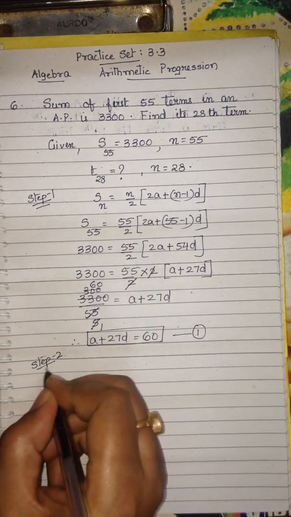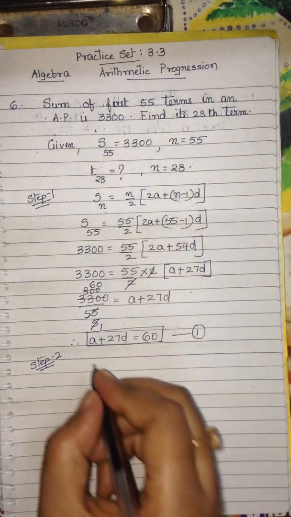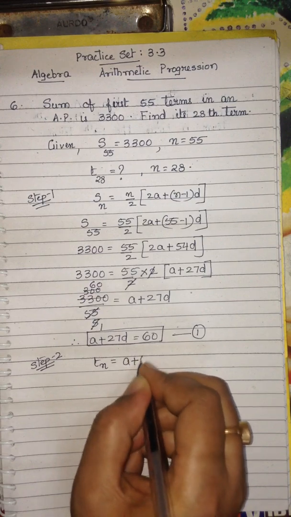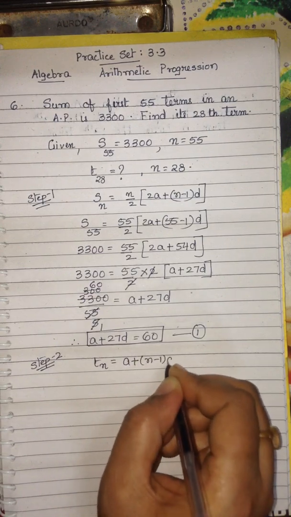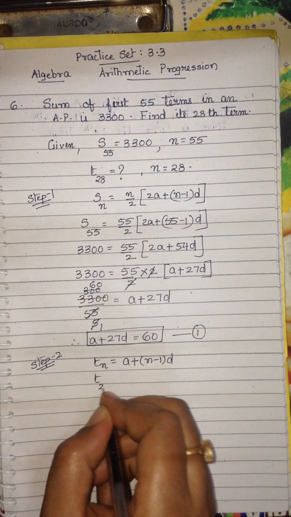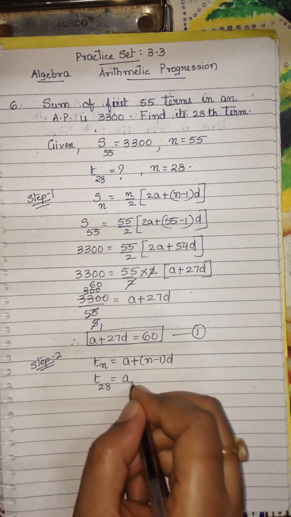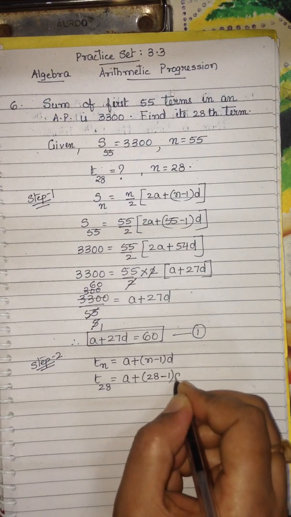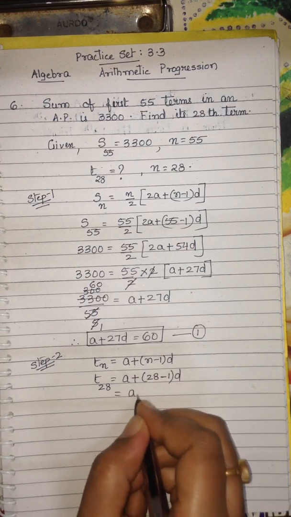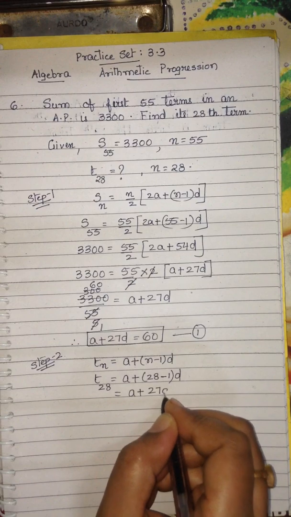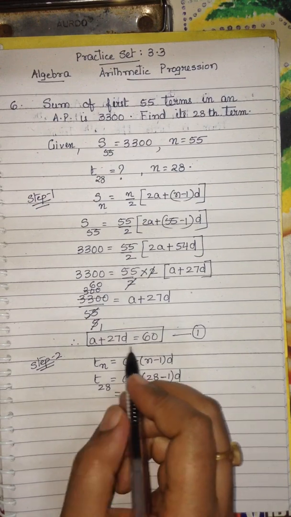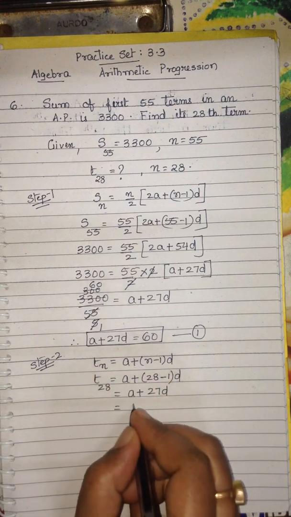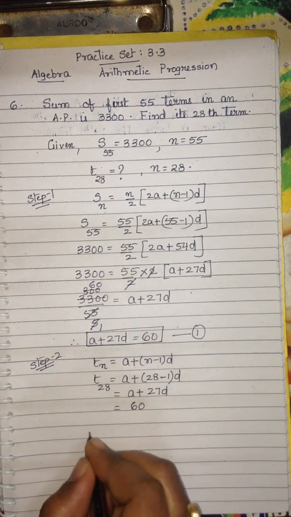See, they have asked to find the 28th term. So let us first write the general term Tn, that is T28 is equal to, in place of n put 28, you will get a plus 27d, and from equation 1 the value of a plus 27d is 60.